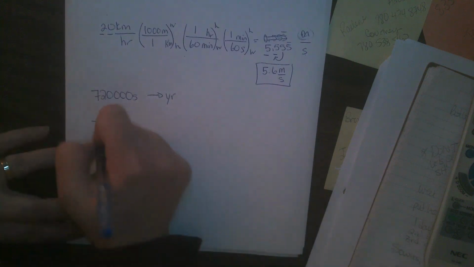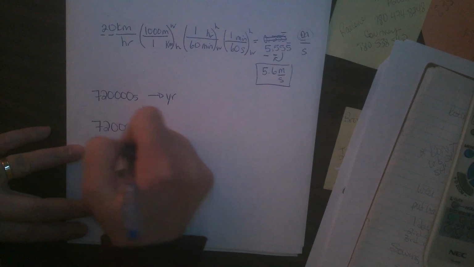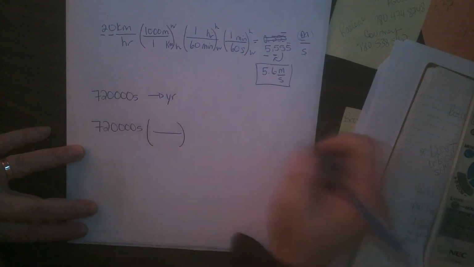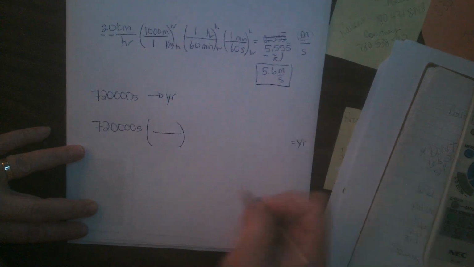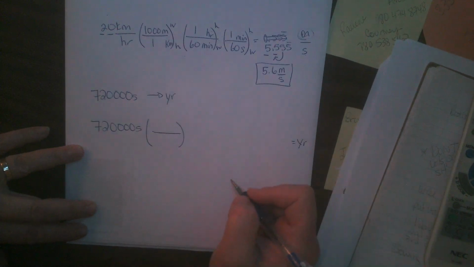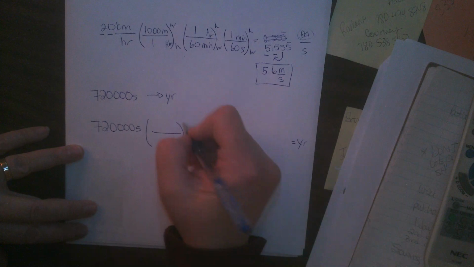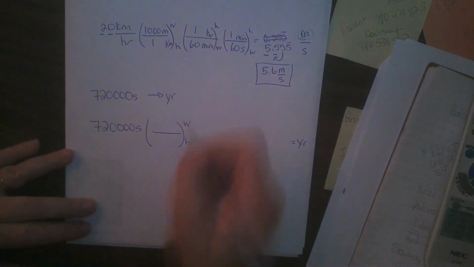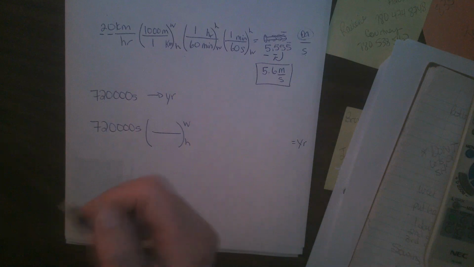Let's start off with what we know. We know 720,000 seconds. Over here, eventually I'm going to want years. That's where I want to get to. So I want over what I have. And I put my want in the numerator because years is a whole number. It's not a fraction.